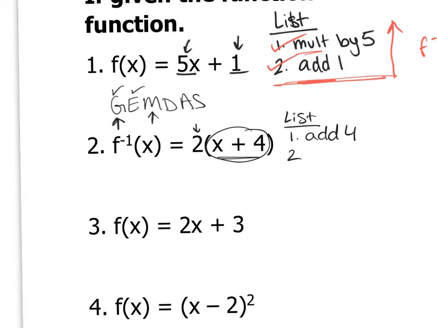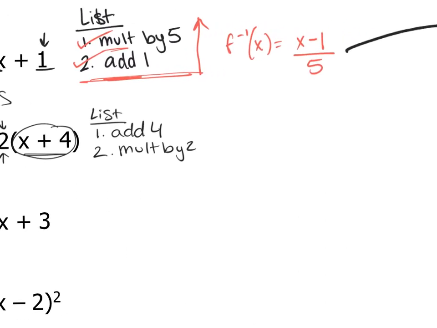There are no exponents, so I can talk about this multiplication next, which was multiplying by 2. Now I'm ready for my answer, so I'm going to go ahead and write x, and then instead of multiplying by 2, I'm going to divide by 2, and then instead of adding 4, I'm going to subtract 4. Okay? Another way to write this, x divided by 2, well, isn't that just half of x?